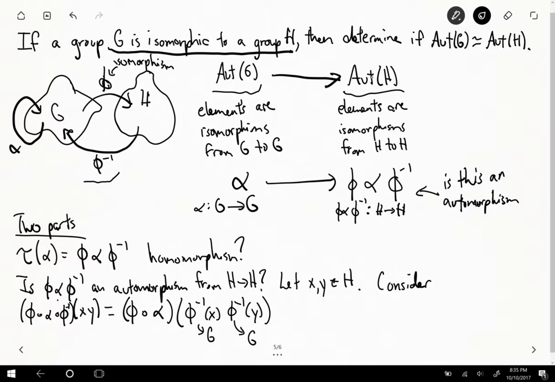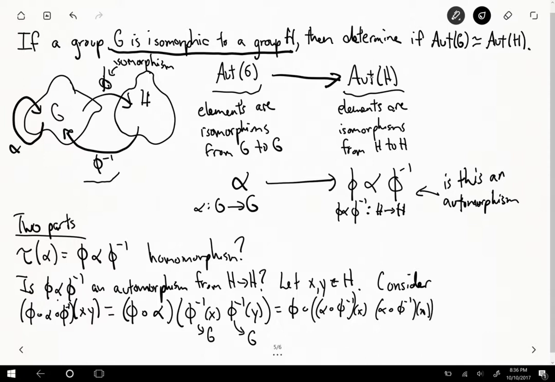And we know that alpha happens to be an automorphism because it lies in G. So that means that this equals, we have phi composed with, in this case we'll have alpha composed with phi inverse of x, and then let me write it that way, times alpha composed with phi inverse of y.